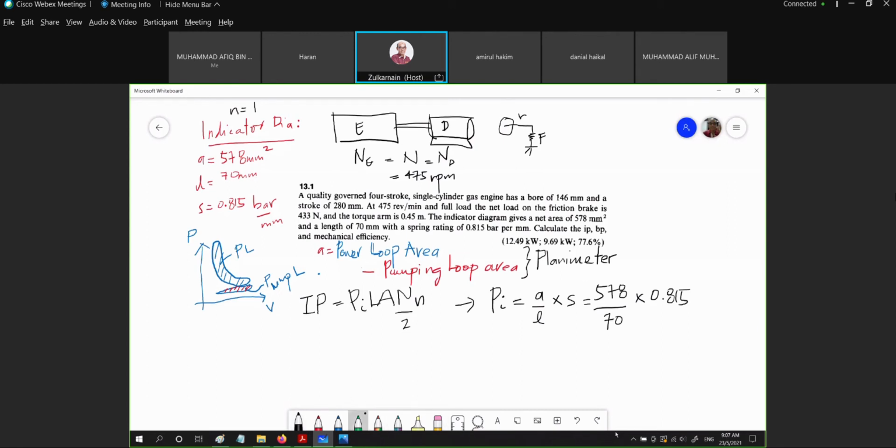Baik, the unit ini adalah millimeter squared divided by millimeter times bar over millimeter. So ini cancel, dapat bar. Okay, terus tolong kira berapa bar? 578 bagi 70 kali 0.815.